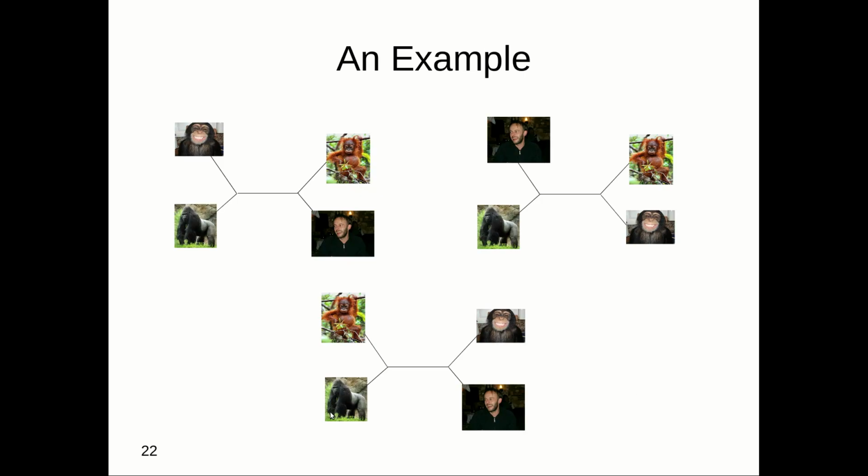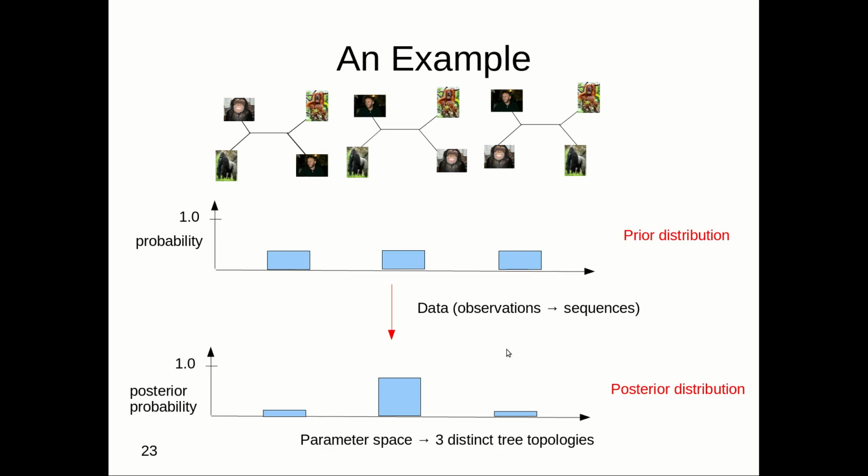Okay, so here's a little example of how Bayesian phylogenetic inference works in phylogenetics. Here we have those 3 alternative unrooted tree topologies for the great apes, and here is how it works. Initially we know that there are 3 distinct instances of this tree topology parameter, and now we have our prior distribution. As I said before, a priori we assume that all possible tree topologies are equally likely.